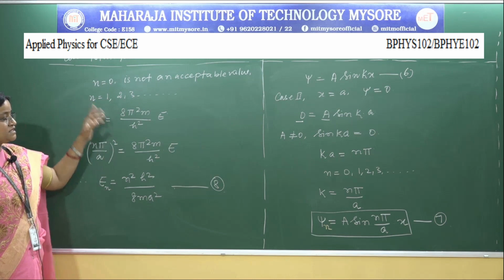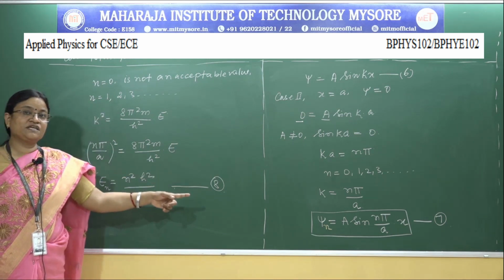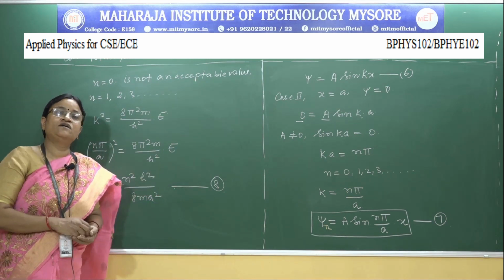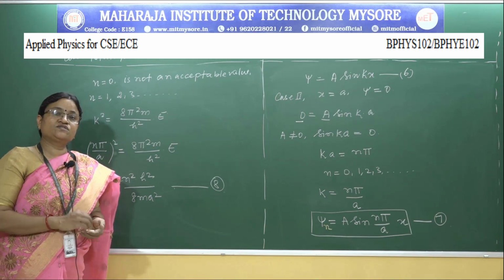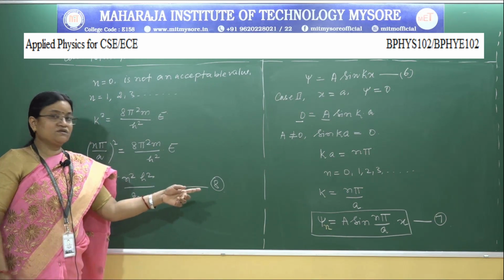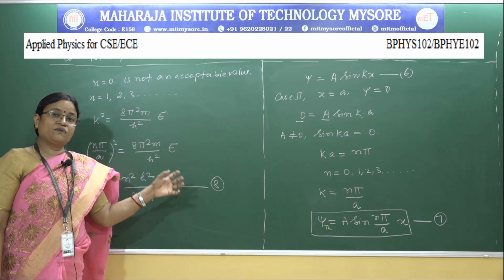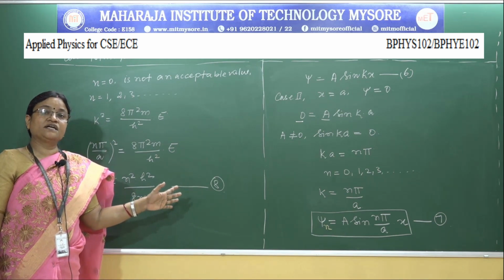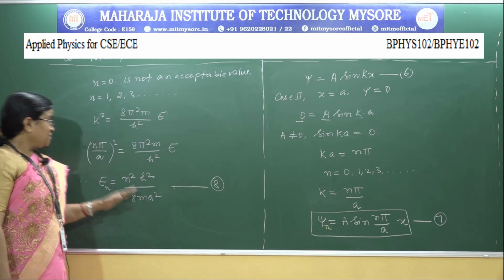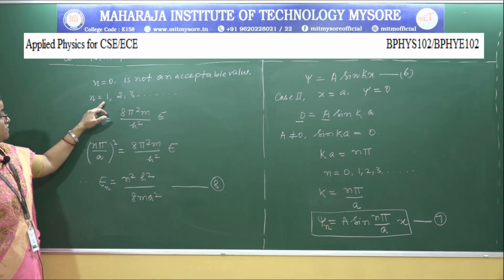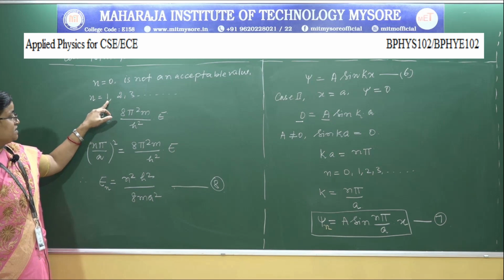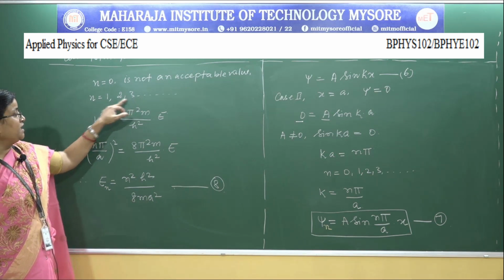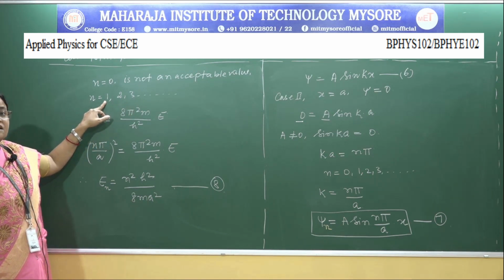As for that, psi will also take the value 0, means if psi is equal to 0, the particle will not exist inside the potential, which is not an acceptable solution. So, we'll take the value of n, that is equal to 1, 2, 3, and it represents the energy state, energy level.